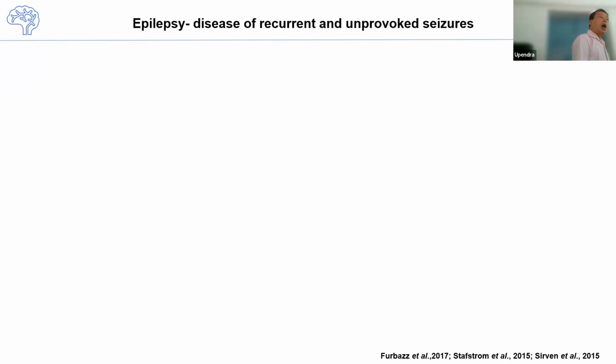If you look at the epilepsy data, 9 in 1,000 individuals suffer from epilepsy in India. Particularly in the area surrounding Bangalore city, the frequency can go up to 16 persons per 1,000. We generated all these models in Drosophila.